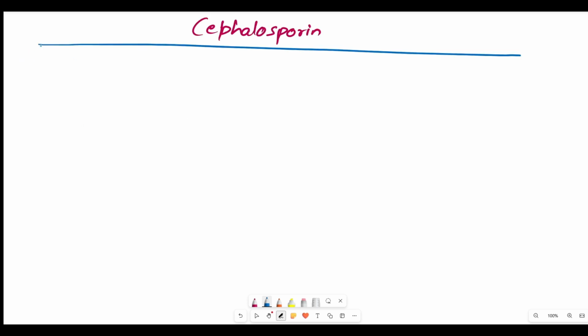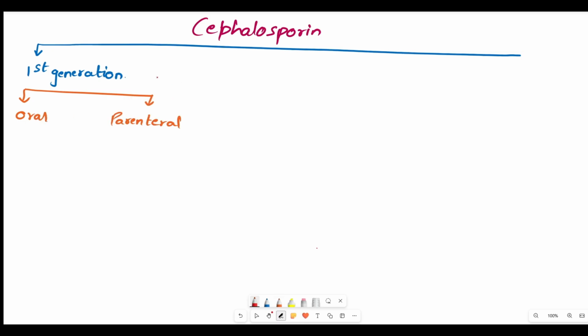So you already know that the cephalosporins are divided into four generations. So coming back to the first class, that is first generation. This first generation cephalosporins are again divided into two: one is oral and the other is parenteral.